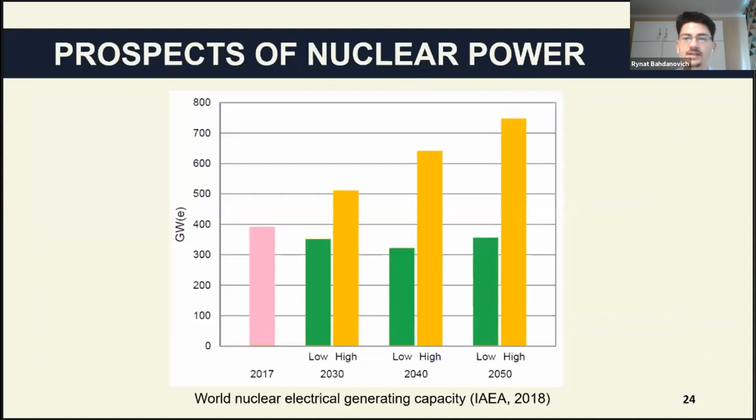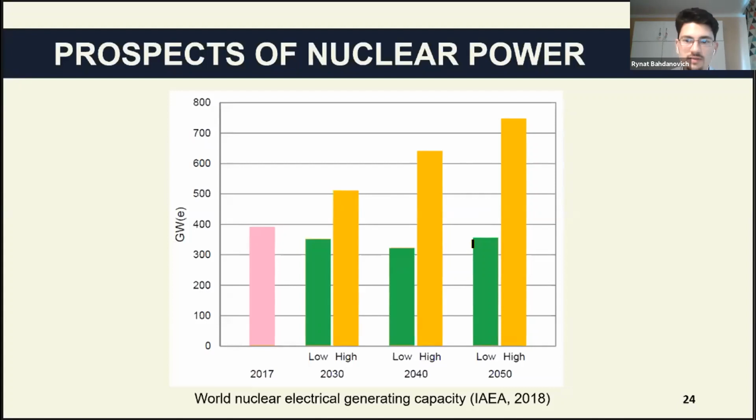According to the IAEA, the world nuclear electrical generating capacity is projected to increase by 90% by 2050 in the high case, or gradually decline until 2040 and then rebound to the 2030 level by 2050 in the low case.